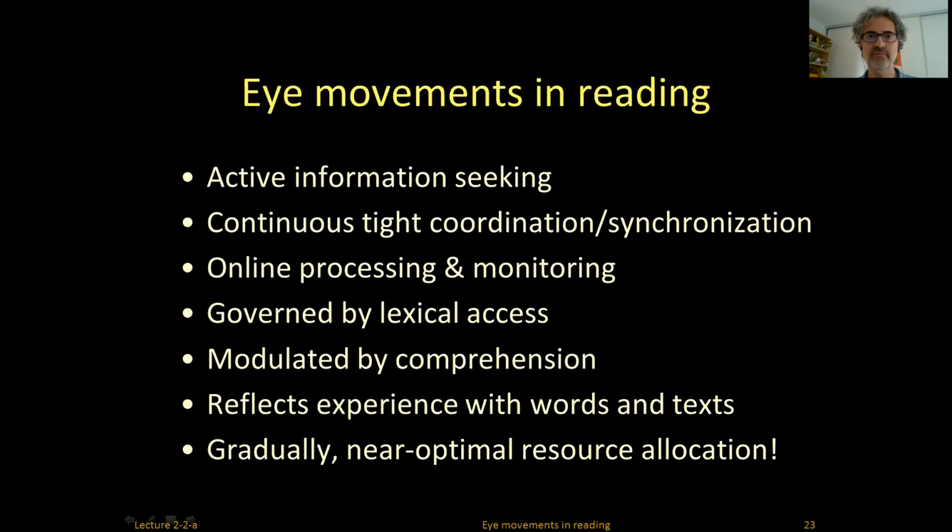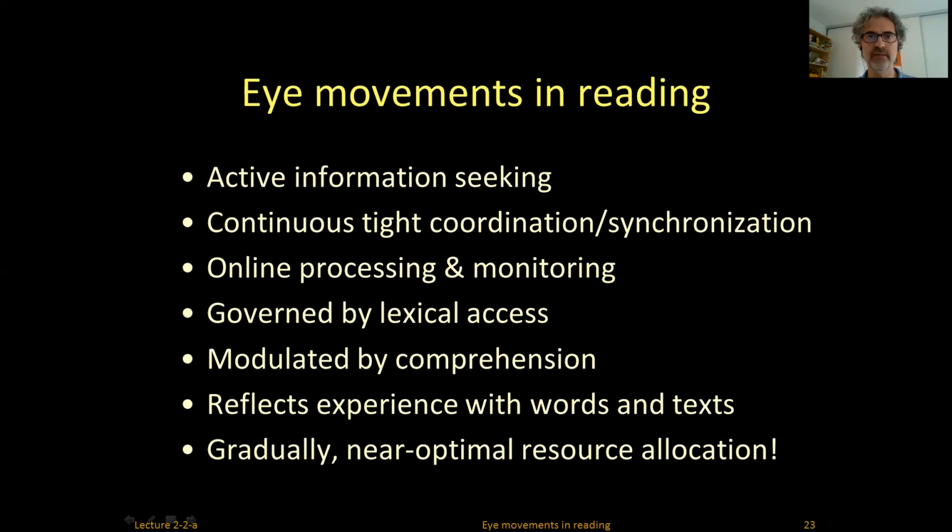So eye movements in reading have been used in a lot of research, and they indicate that our eyes aren't just passively taking in information, but they function more like active information seekers because the eye movements are programmed to take the eyes to the next place where it will get the most useful information. There is a continuous and very tight coordination and synchronization such that practically no time is wasted.